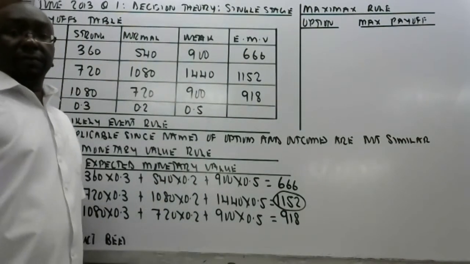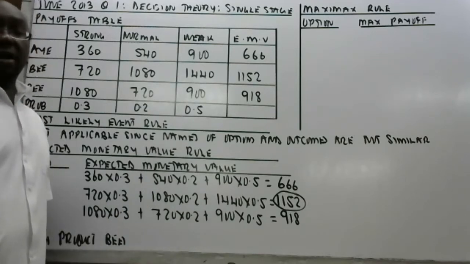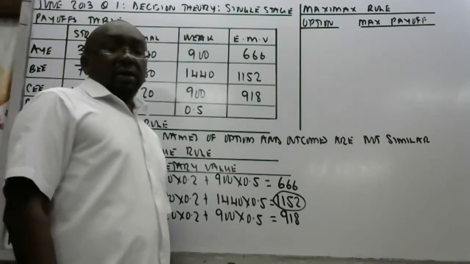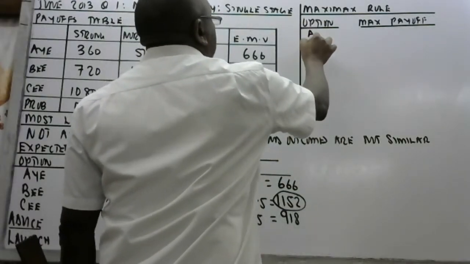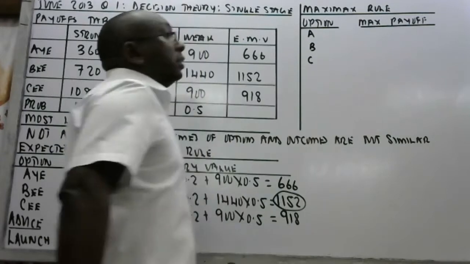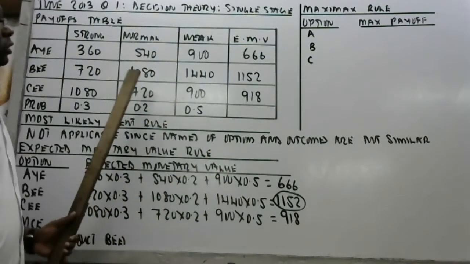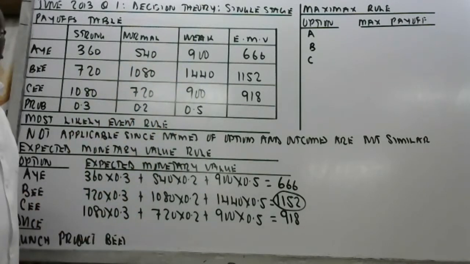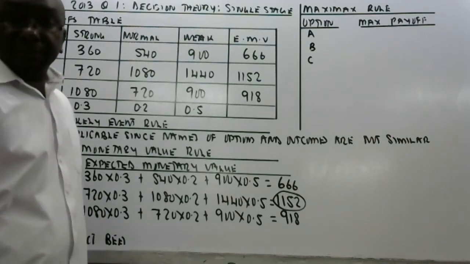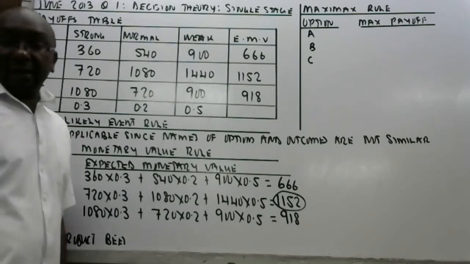So the options A, B, and C, you go to A, the maximum value in A, what is the maximum payoff in A?